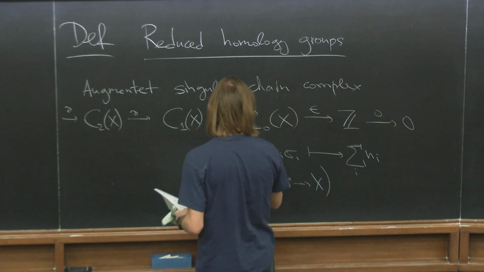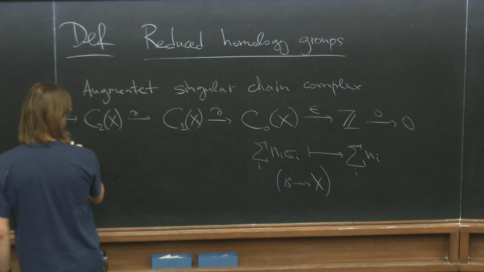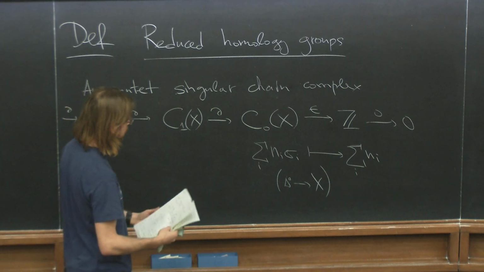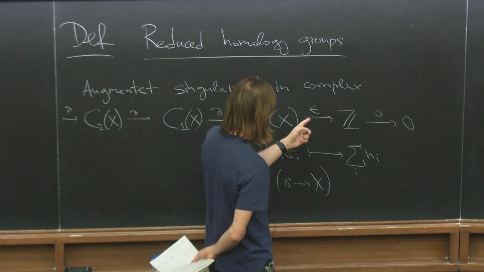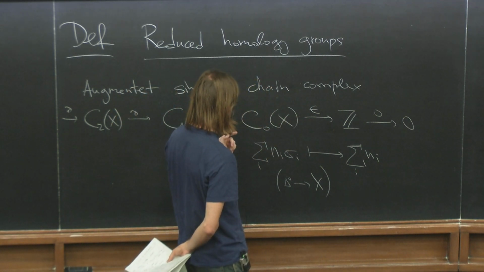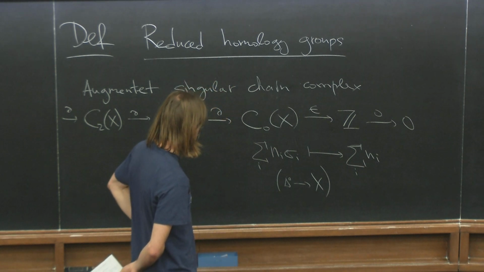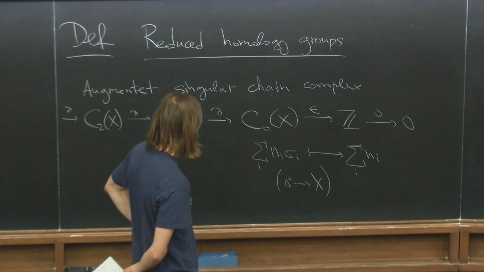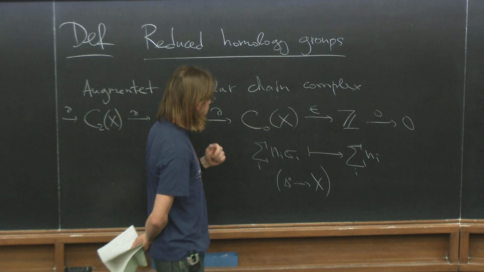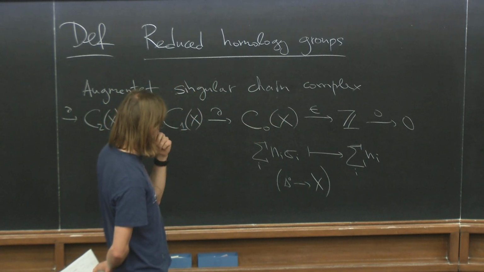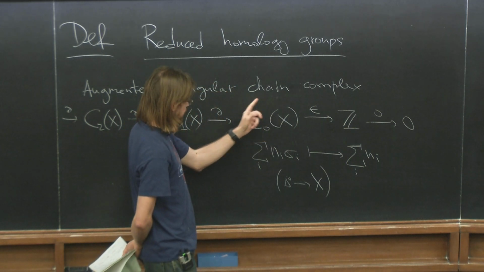Then what we say is that it's easy to see that this is still a chain complex, because the image of each map is contained in the kernel of the next map.